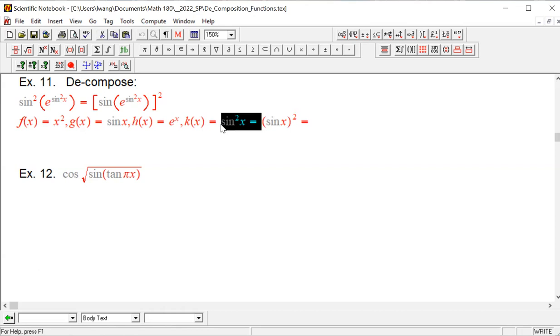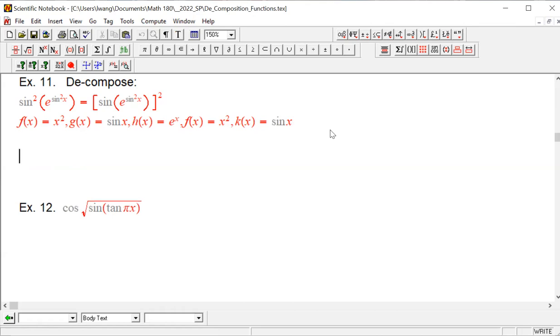So k of x is something squared, x squared. So k is the same as f. Okay, so I'm going to use f again. And finally, I'm going to use k, and k equals sine x.